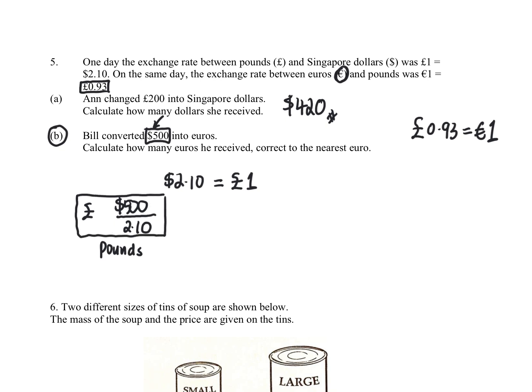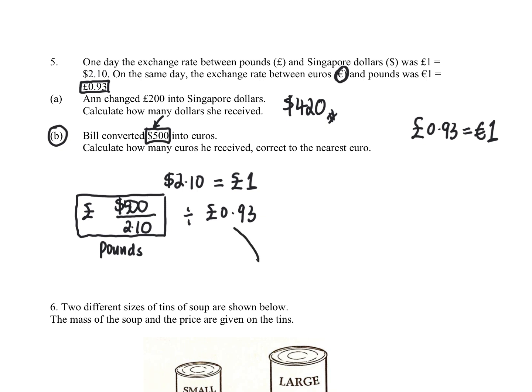If I want to find how many euros I can get, I must divide by 0.93 because every 93 cents is 1 euro, right? So if I divide by this, I should be able to find out how many euros I get.